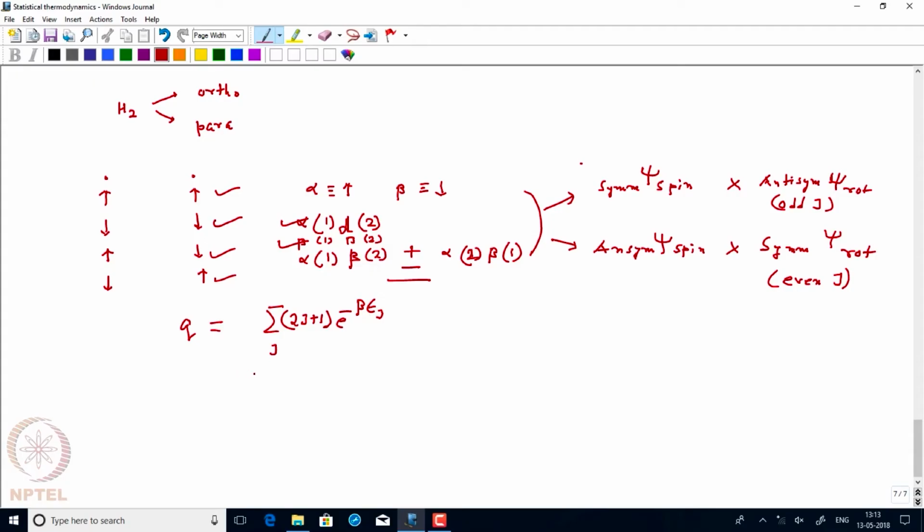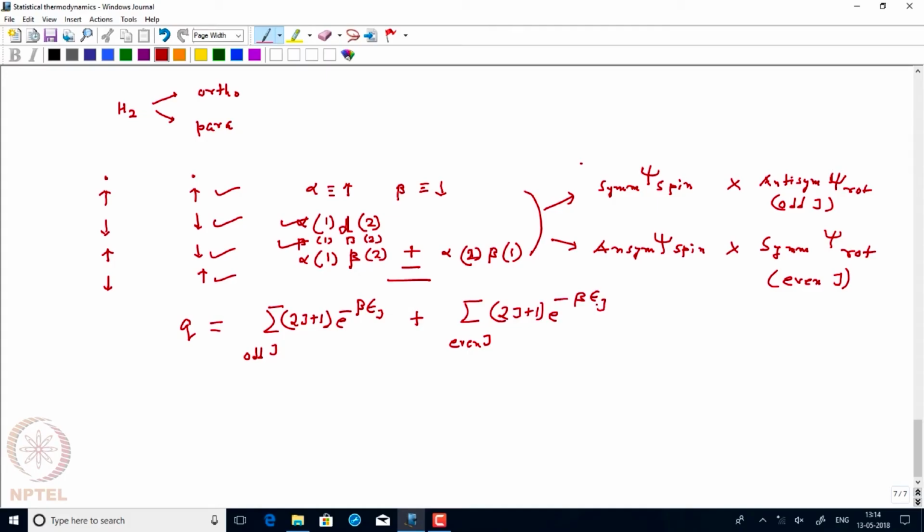I can divide this sum into two parts: one is a sum over odd j's, plus a sum over even j's, of 2j plus 1 times e to the power minus beta epsilon j.